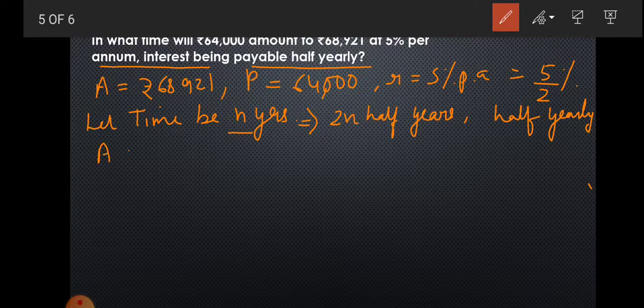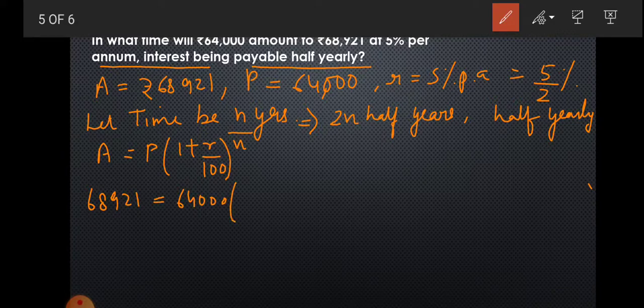Now amount is equal to principal times 1 plus rate by 100 raised to the power n. Value of amount is 68,921 equals principal 64,000 times 1 plus rate 5 by 2 divided by 100 raised to the power time 2n. Shift 64,000 from right hand side to left hand side.